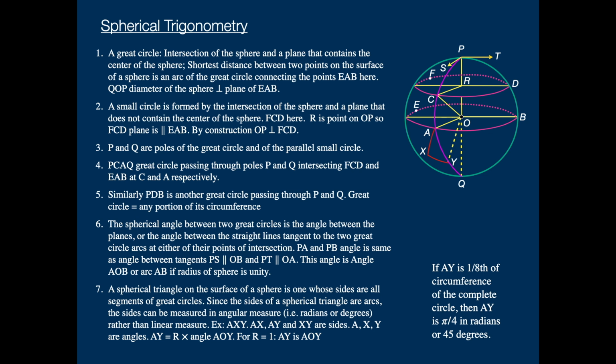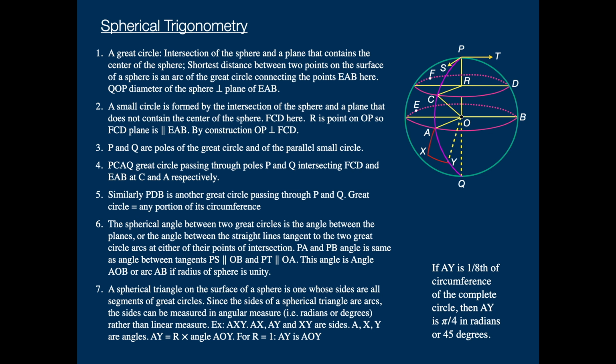So for example, AXY is another triangle which is drawn over here. You label them by the vertices A, X, Y, and all the three sides are great circle arcs AX, XY and AY. Since the radius is unity, the arcs are equal to the angle which they subtend at the origin O, the center of the sphere.